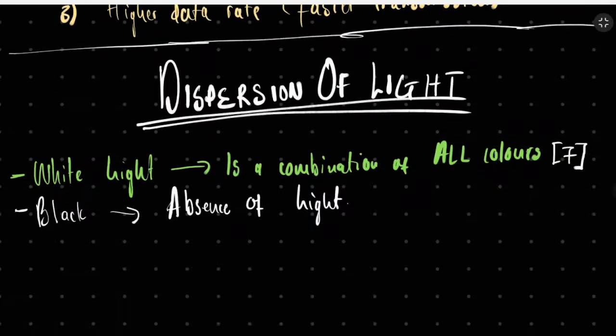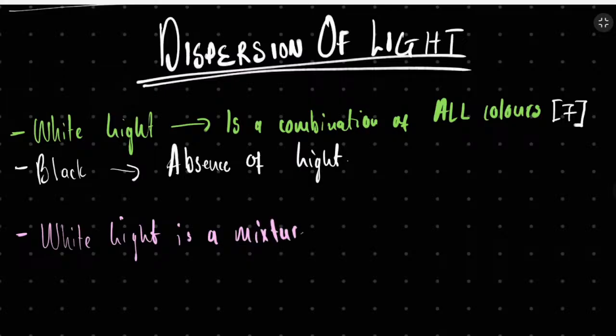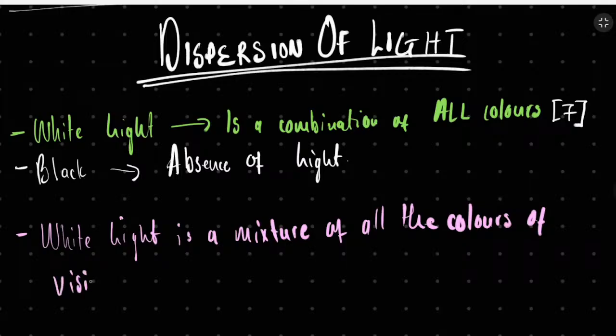Let me write it below. White light is a mixture. Okay? That's the word. Mixture of all the colors of visible light.